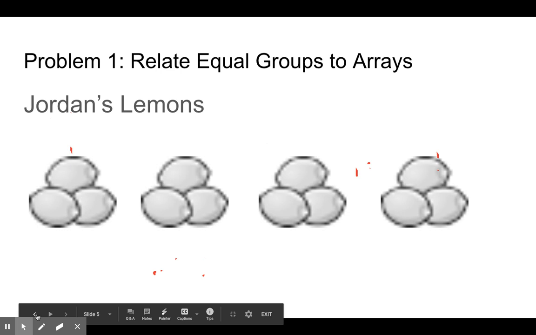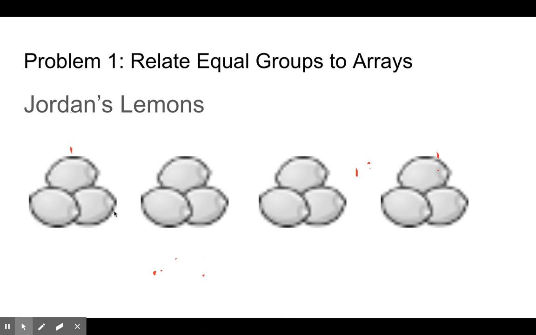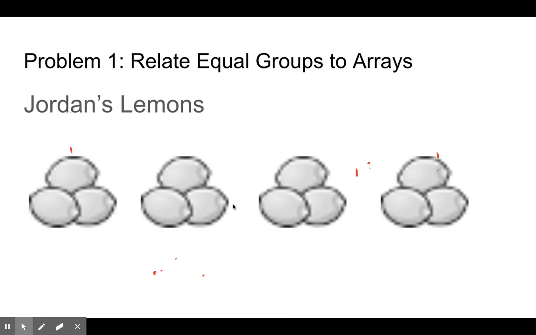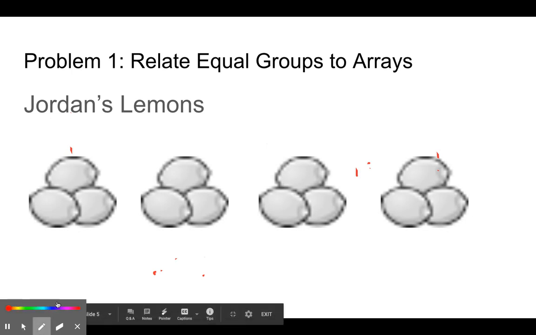I want you to draw an array that matches this problem, okay? So you have how many equal groups, and then how many are in each group. Draw an array to match what we have here.